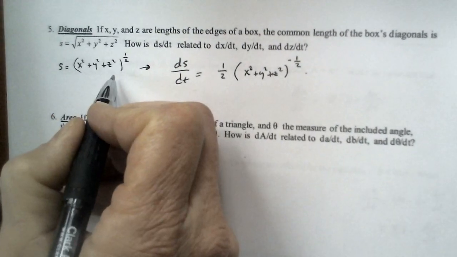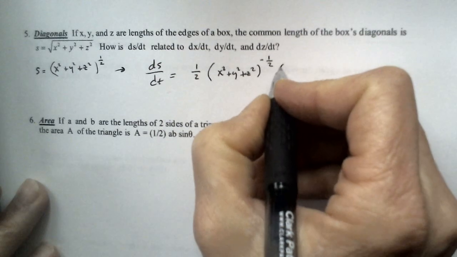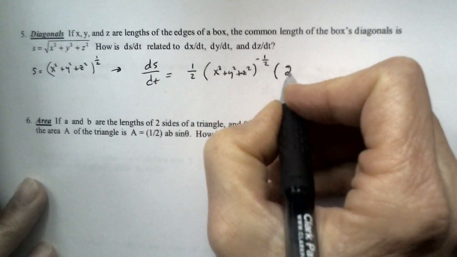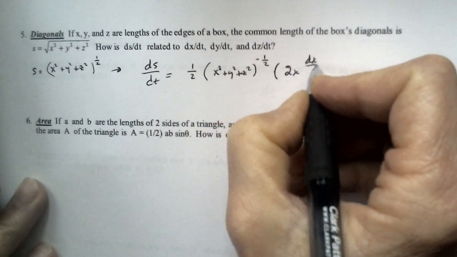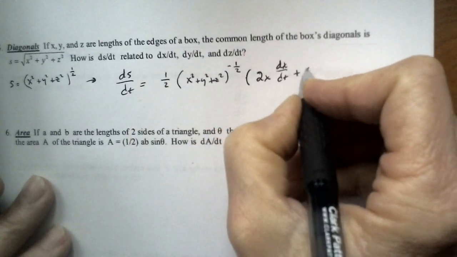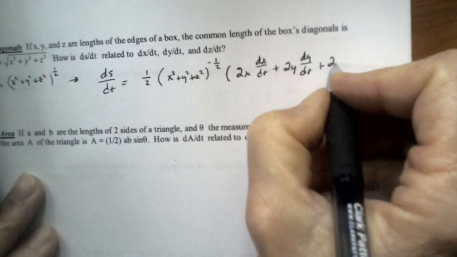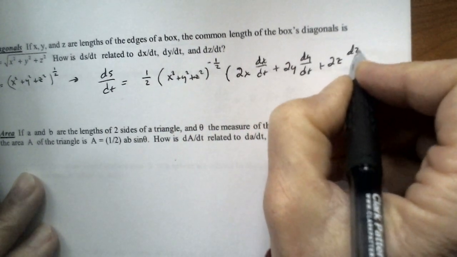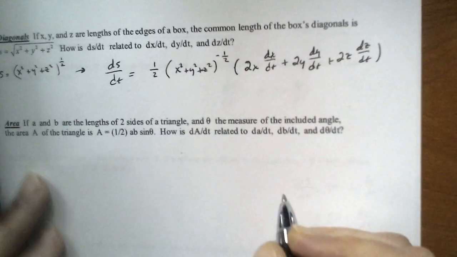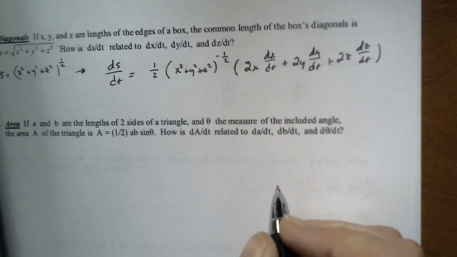So the derivative of x squared plus y squared plus z squared is 2x dx/dt plus 2y dy/dt plus 2z dz/dt. And that's pretty much it.